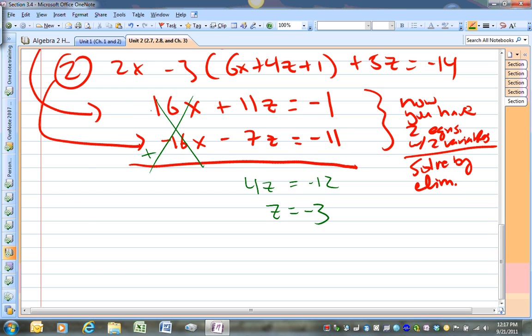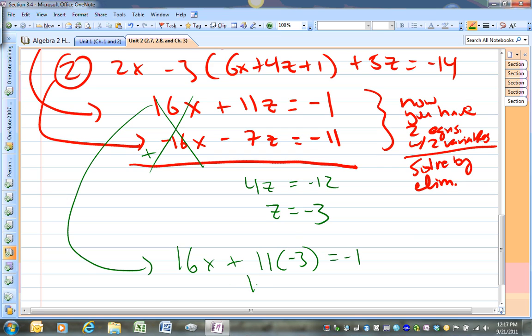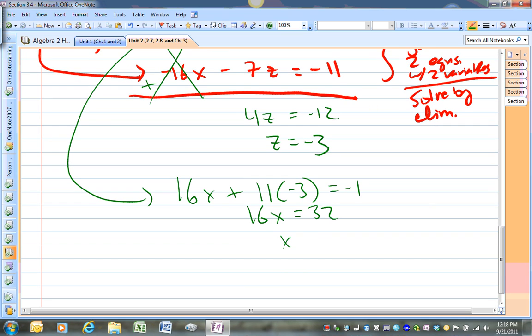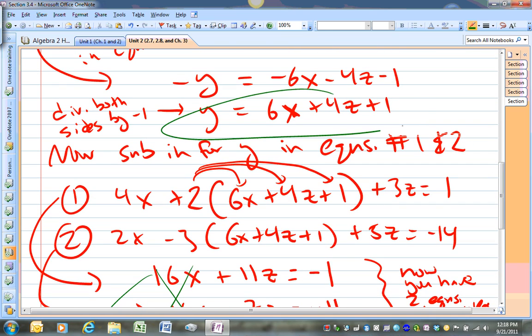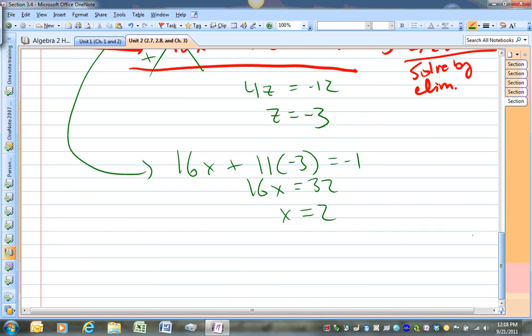Then what you can do to solve for x is use one of the equations that we just worked with and plug in negative 3 for z. 16x should equal 32 if you do the math carefully. So x equals 2. This comes out very nice. Finally, remember what y had equaled. Bring that back.